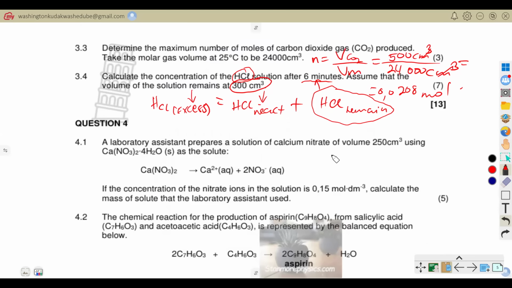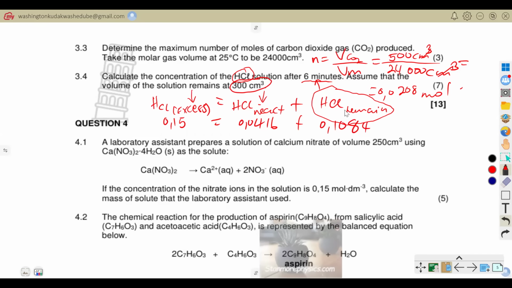So I'll take that answer that we found that other side to say that here we had 0.15 moles of excess HCl, and the one that reacted was 0.0416, and the one that remained is this minus this, which gives us 0.1084. If you add these, they should give you the total.